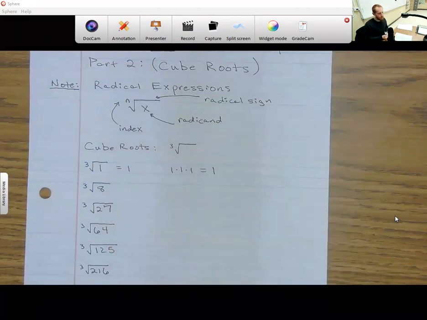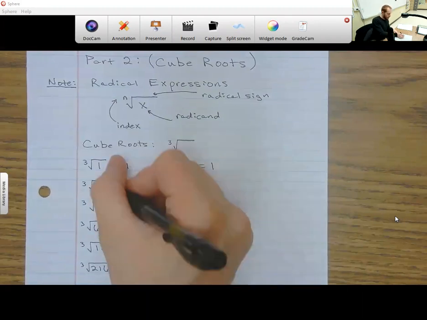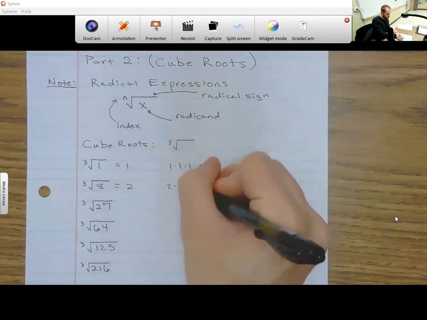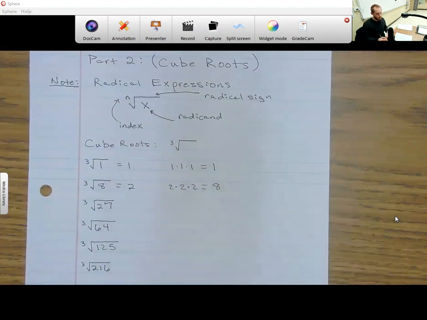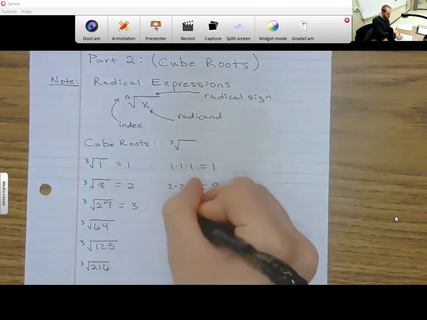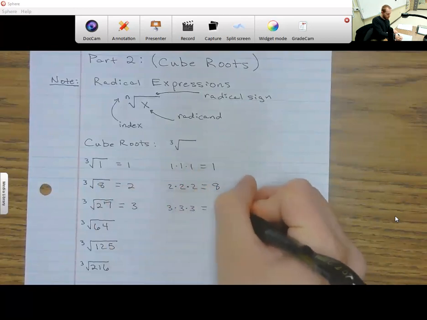And then the cube root of 8, that would just be 2, because I know that 2 times 2 times 2 will give me 8. Then going down the list, I know that 27 is a perfect cube. If I take the cube root of that, I'm going to get 3, because 3 times 3 times 3 will give me back 27.